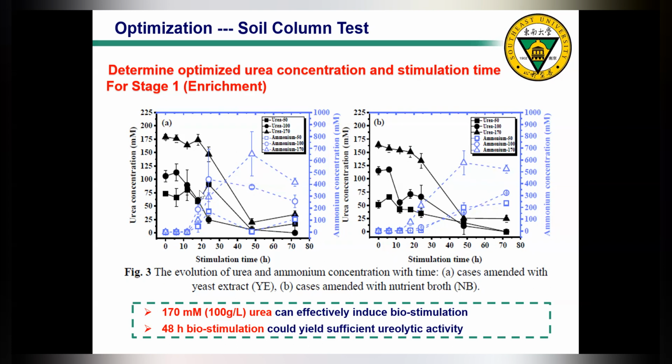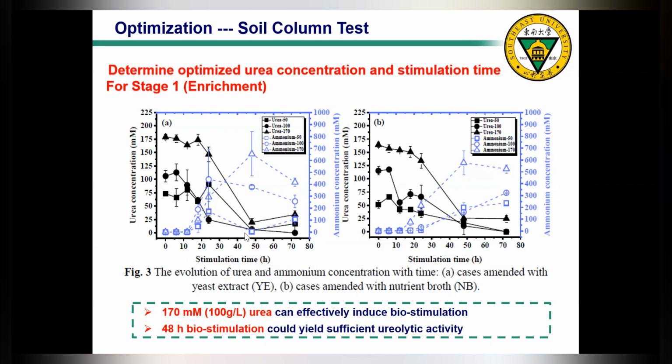It means that the generated ureolytic activity is higher. So from this test, we can see that 170 mole, or 100 gram per liter urea, is sufficient to effectively induce biostimulation. That's already enough ureolytic bacteria enriched at this concentration.